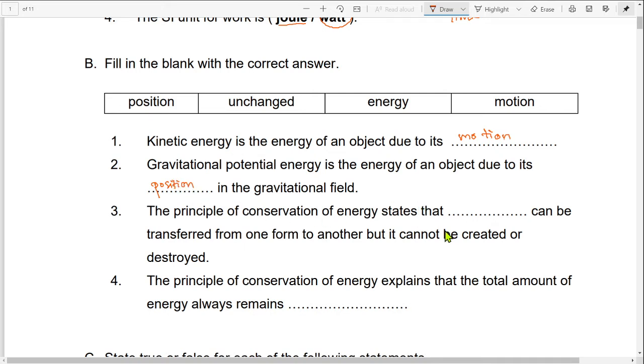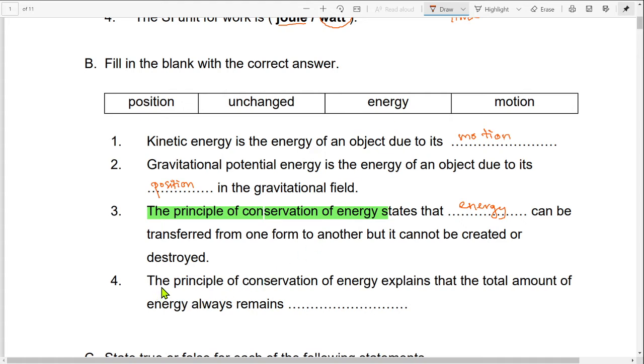Kerana kedudukan dia. Number 3, the principle of conservation of energy states that energy can be transferred from one form to another, but it cannot be created or destroyed. So this thing here, make sure you know what is stated in the principle of conservation of energy.